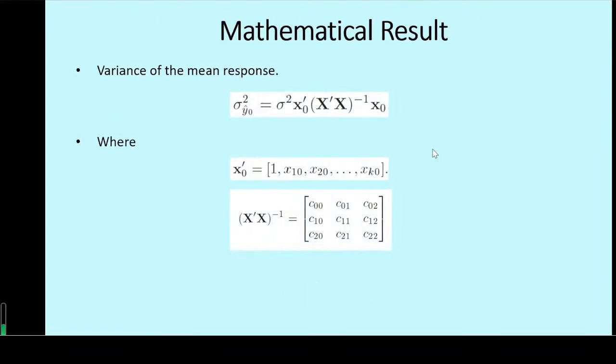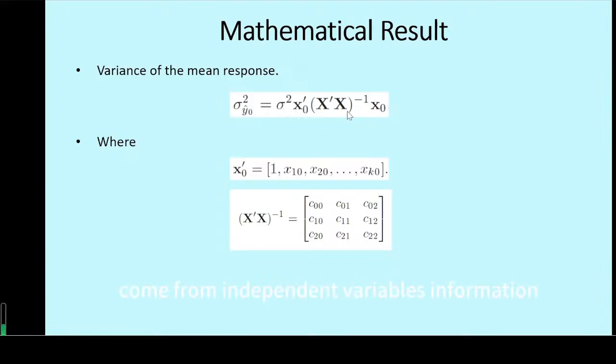Some mathematical results on this topic: for the mean response, which we call y hat, there is a variance. This variance equals epsilon's variance, the random term's variance, sigma square, times this term.